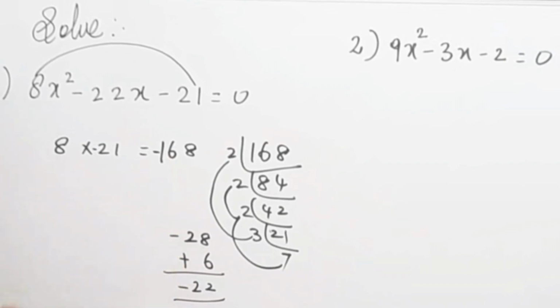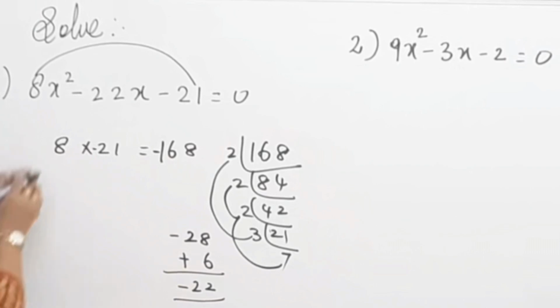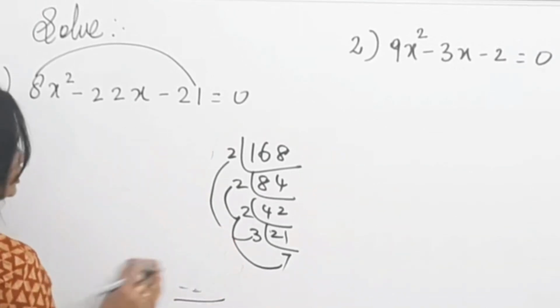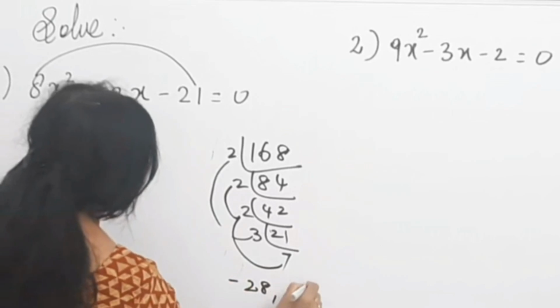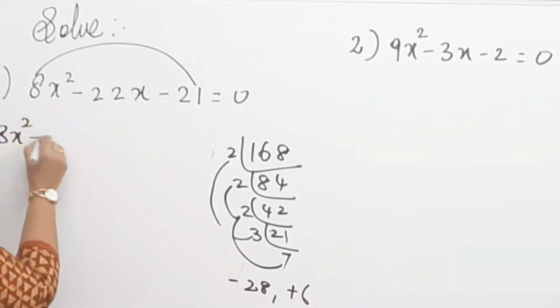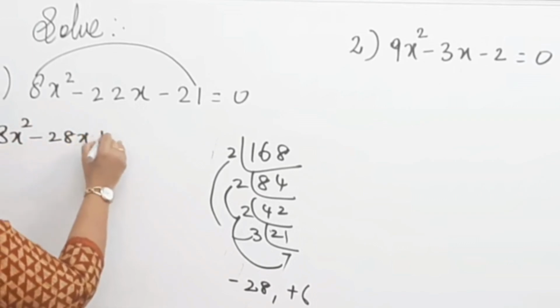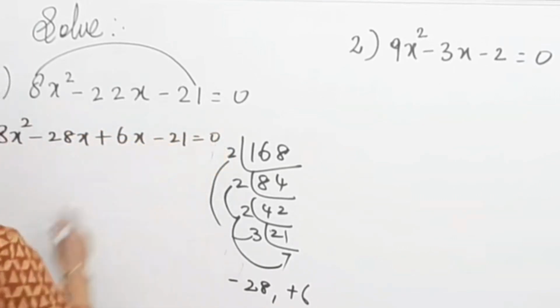So your factors, you got it very easily. You will split the middle term such that my factors are minus 28 and plus 6. So I would go with 8x squared minus 28x plus 6x minus 21 equal to 0.